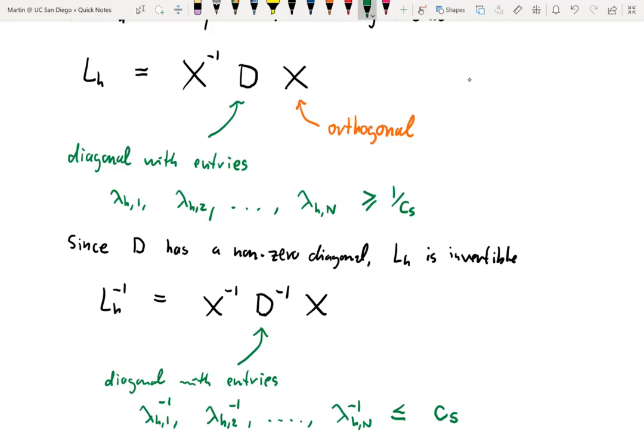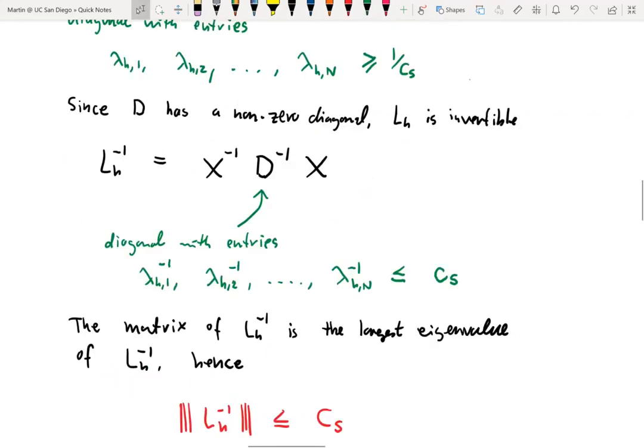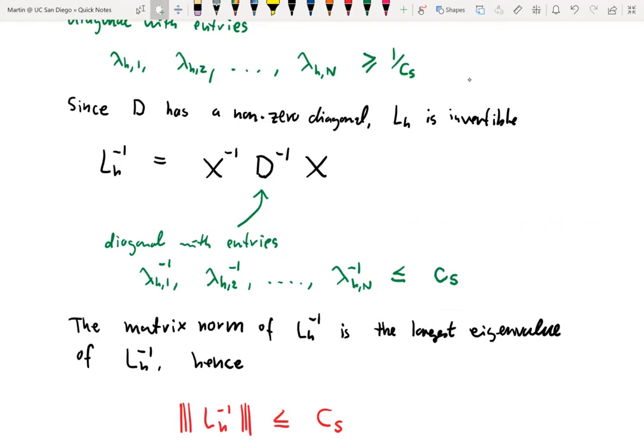We have a lower bound for the eigenvalues of D, so we get an upper bound for the eigenvalues of D inverse. And then we just recall the following fact. The matrix norm of LH inverse is the largest eigenvalue of LH inverse. And so in particular, the matrix norm of LH inverse is bounded from above by CS. And that proves stability.